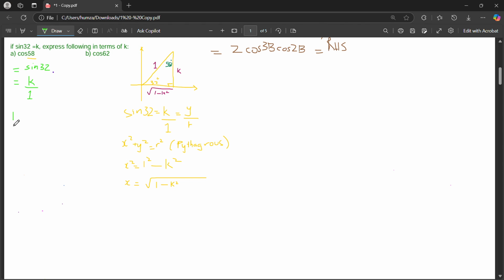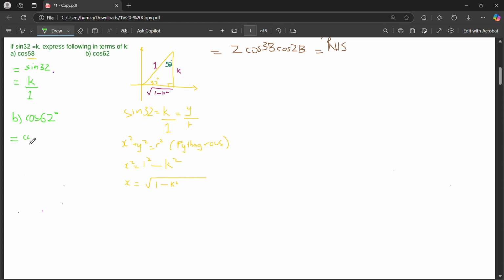Now part B states cos 62. Now if you look at the triangle we drew, we don't have any 62 degrees. So we can write this in terms of a compound angle, but only by using the special angle.